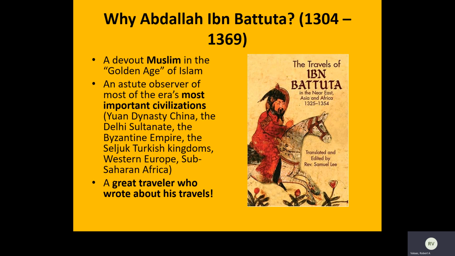And Ibn Battuta traveled those whole realms. I think it's noticeable that in his 75,000 miles of travel throughout eight regions of the world, only very rarely was he outside of a place where Islam was a dominant part of the civilization, either followed by most people or followed by the ruling elites. It was a world of Islam at that time, and he traveled all the way through it.